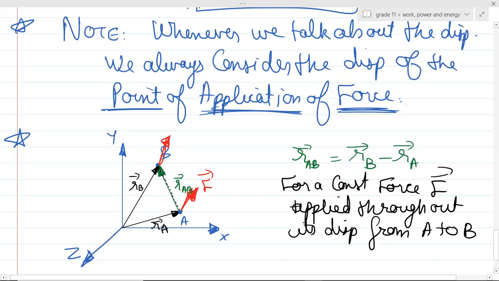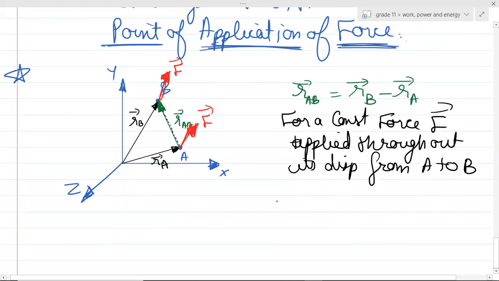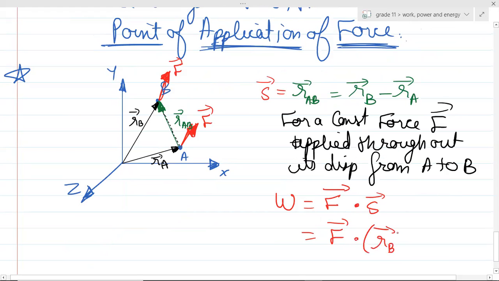During the motion from A to B, this force was continuously applied at every point, in the same direction. This force vector is the same and constant everywhere. So the work done by this force will be equal to F dot the displacement. The displacement is basically the r_AB vector, so you will write F dot (r_B minus r_A).